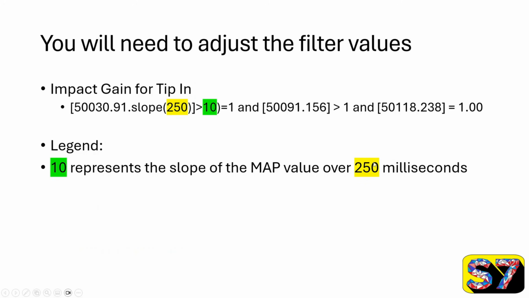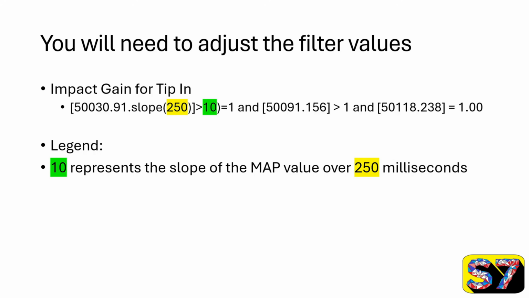And then how we're going to tune these or adjust the filters is going to be this number of milliseconds and then this slope. So basically we're saying in 250 milliseconds, how steep, for tip in, is the map signal going up? And then for tip out, how steep does it go down?